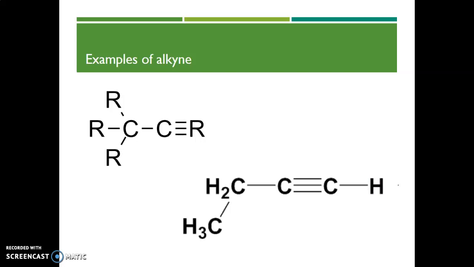Sometimes you would see it written as CH3, CH2, CCH, and then you can just say, okay, wait, something's missing. It's probably a double bond or a triple bond, depending on what the math works out to be.